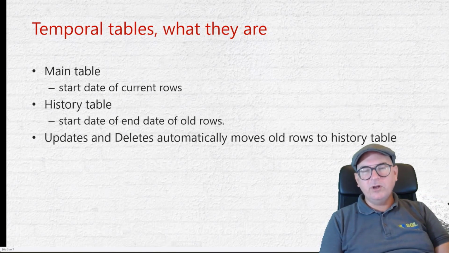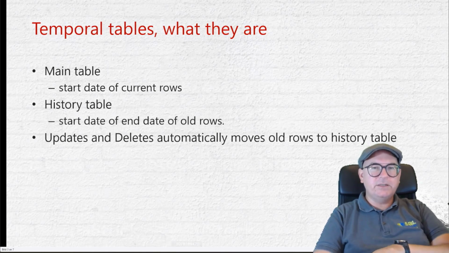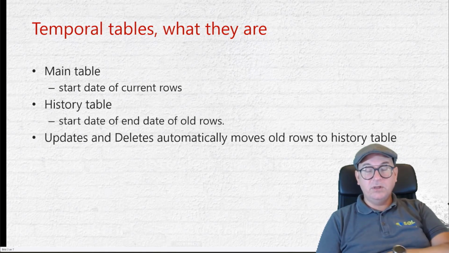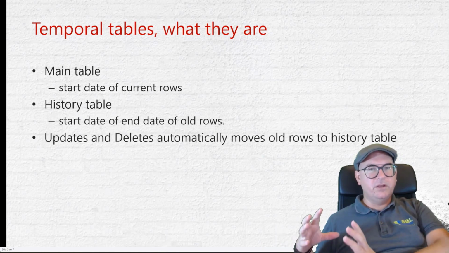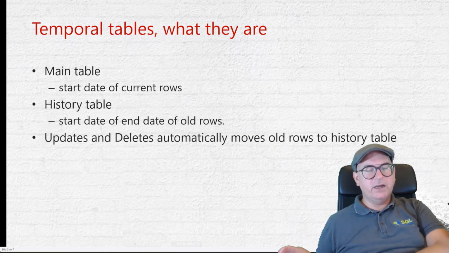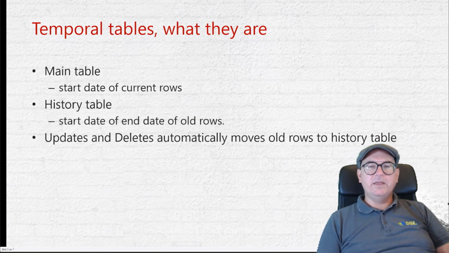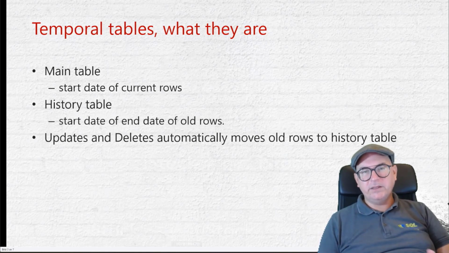They don't actually have an end date, but since null is a kind of special case in a database with three-valued logic to it, Microsoft decided that the end date for a current row is going to be the year 9999, 31st of December.